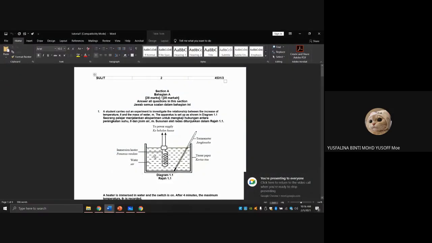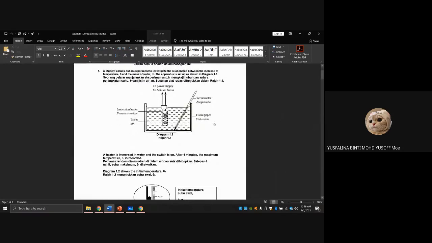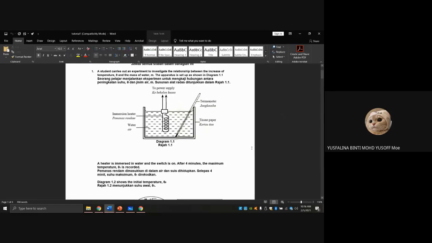Okay, for this part, if you have the questions paper, you can take it out. Let's say for question number 1, a student carries out an experiment to investigate the relationship between the increase of temperature.